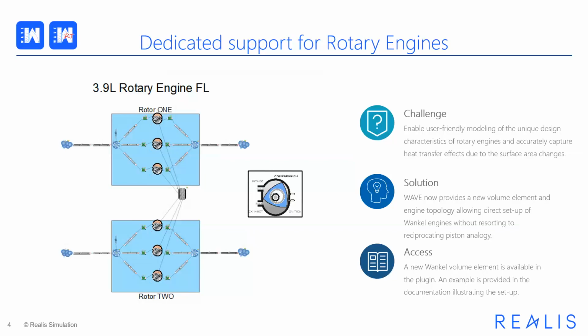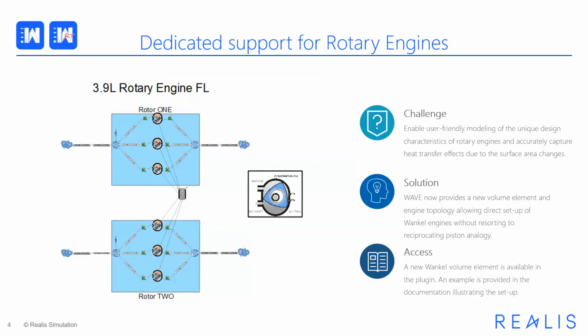This approach required users to calculate equivalent geometrical parameters of the reciprocating engine cylinders and also introduced a small discrepancy in heat transfer areas. In this release, we have introduced a dedicated Wankel volume element, allowing users to input parameters of the engine directly and simplifying the workflow.